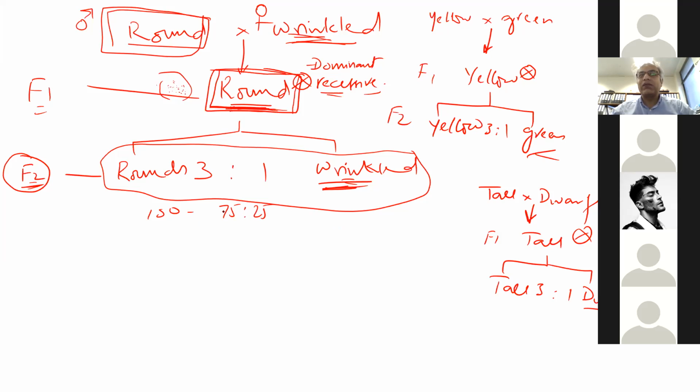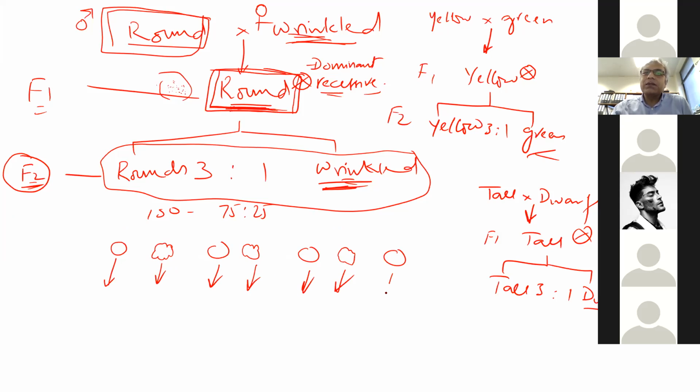That's what makes the 3:1 ratio. Now, what he did, he randomly chose round, wrinkled, round, wrinkled, round seeds from F2, grew them, and then went to see what kind of progeny they produce. Because here, what is clear is a very distinct 3:1 ratio.